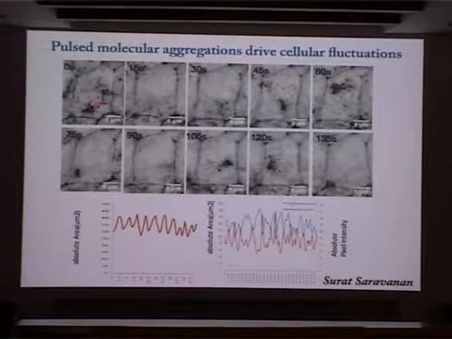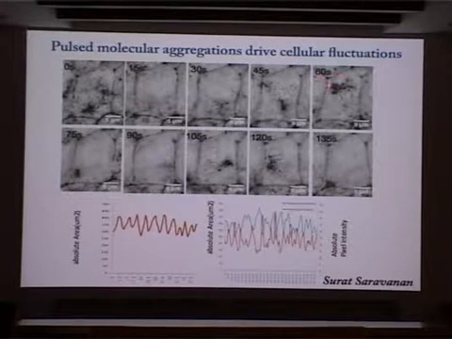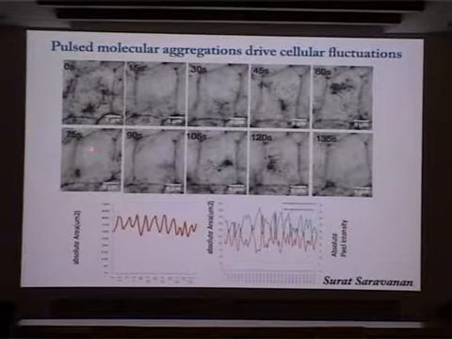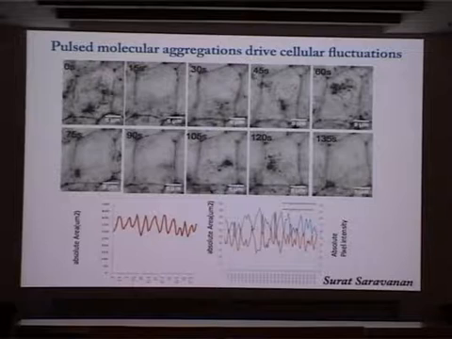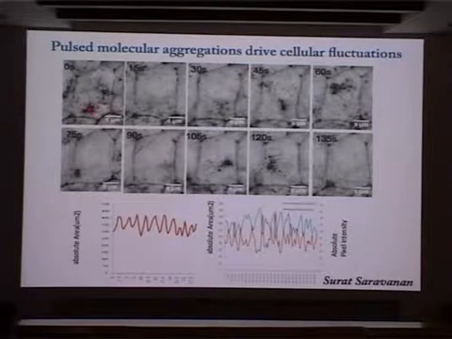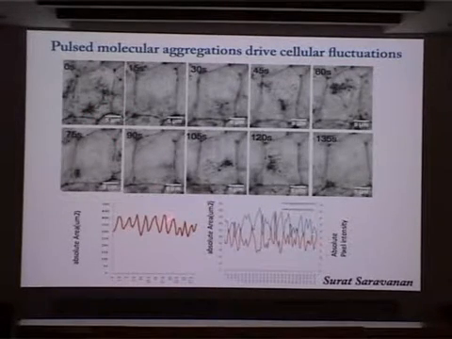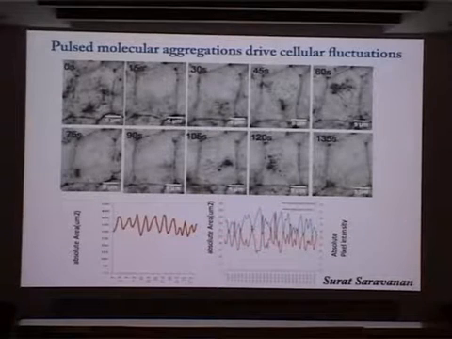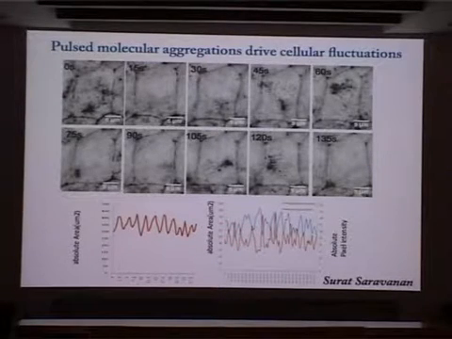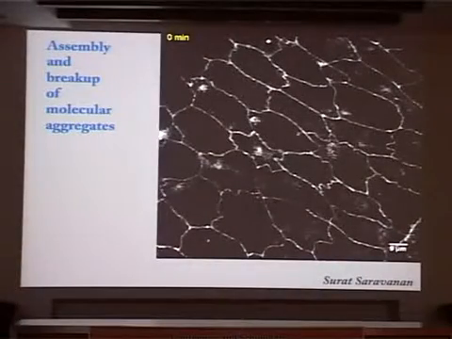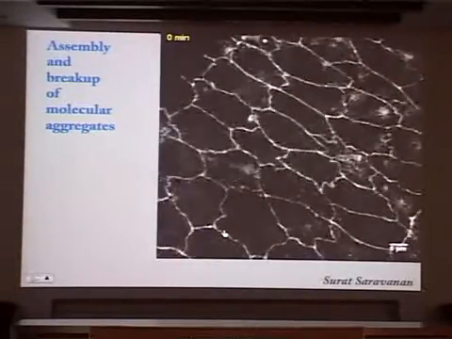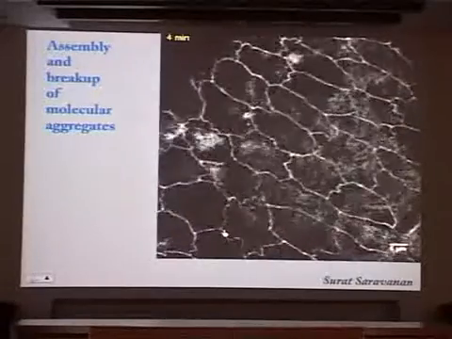By and large you can say that when you have this big blob somewhere, the cell looks more contracted than when you don't. So if you measure the intensity of these blobs in relation to these areas, you can see a sort of negative correlation. When the blob is there, the area is smaller. When the blob's not there, the area is larger.